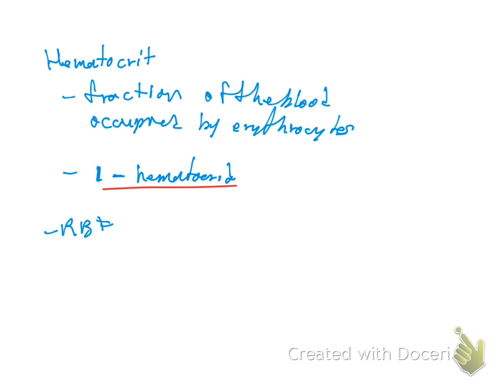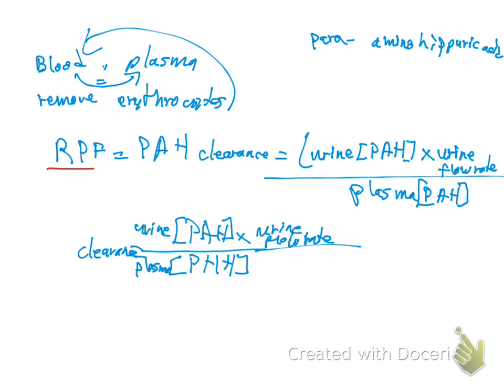So I'm going to write the formula. You have your renal blood flow, because you want to calculate the renal blood flow, equal. Again, we're going to divide: we have a numerator and a denominator. For the renal blood flow, you're going to take the PAH clearance, the one that we saw right here, because we were calculating this PAH clearance.